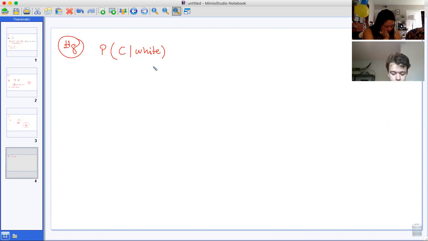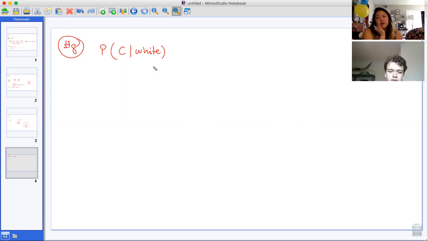You're asking about the denominator for these problems, for these 3? Yeah. So you're right. The denominator changes depending on what that given is, the conditional part, right? So if this is given that it's white, now we don't have to look at all 12.